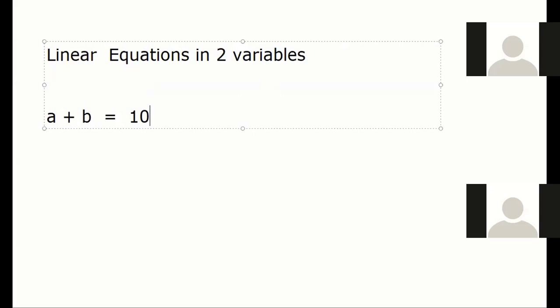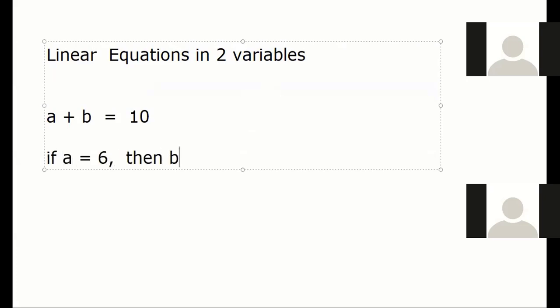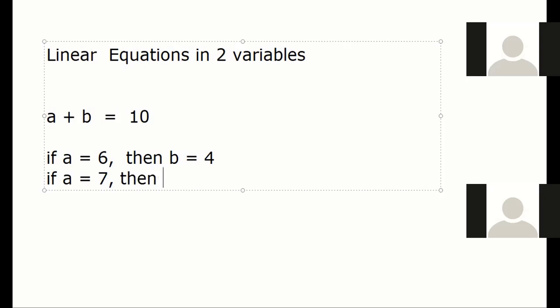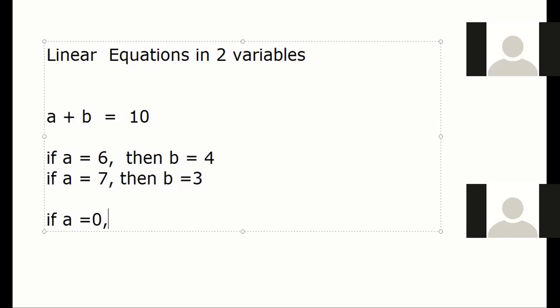No, sir, we will get different values. We'll get many values. For example, if a is 6, then b is 4. 6 plus 4, 10. If a is 7, then b is 3. Or if a is 0, then b equal to 10. You can get infinite solutions.